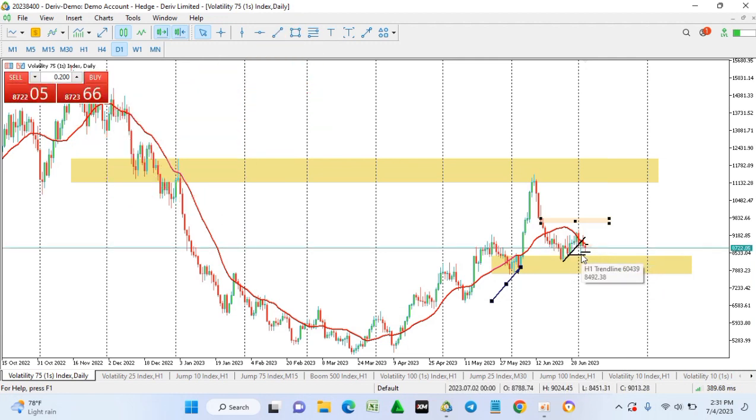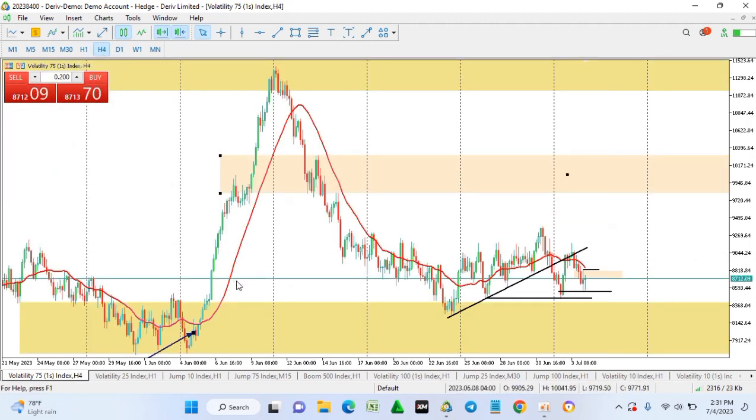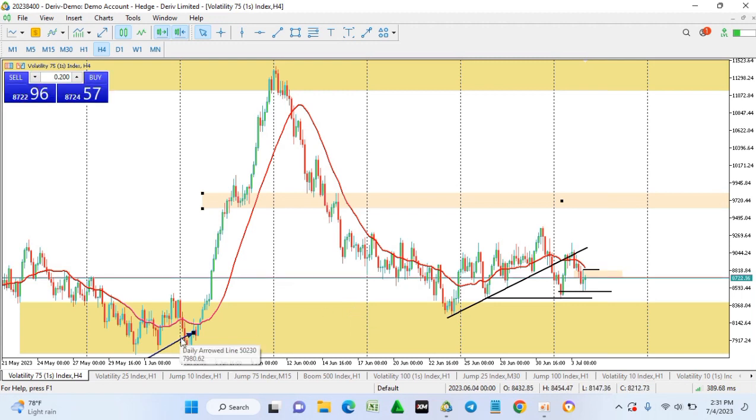All right, so you can see that price had already mitigated the daily order block above, I mean the bearish order block, and had to drop and got stopped at the bullish order block, right? And that will give us the pullback, and I will use the nearest order block as it was dropping to clear the liquidity above. Then I can join the sellers, right?